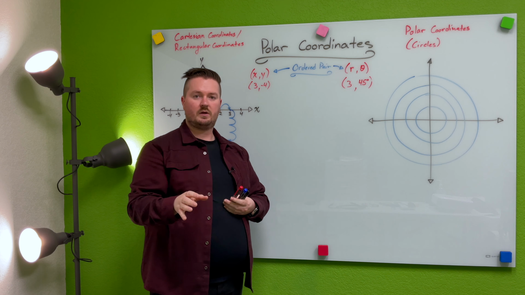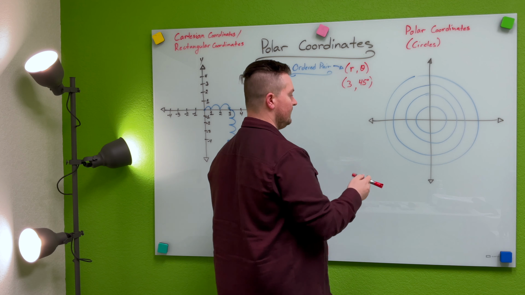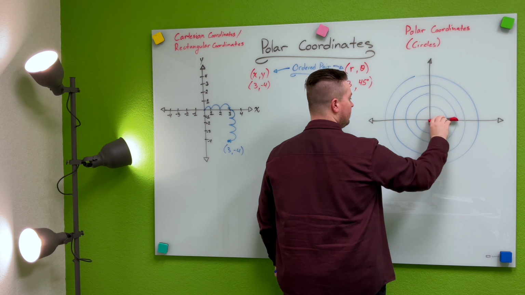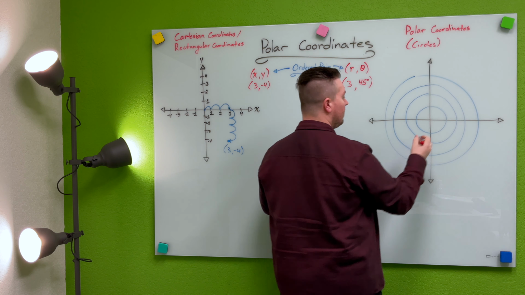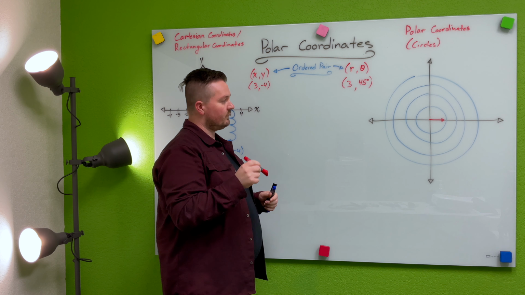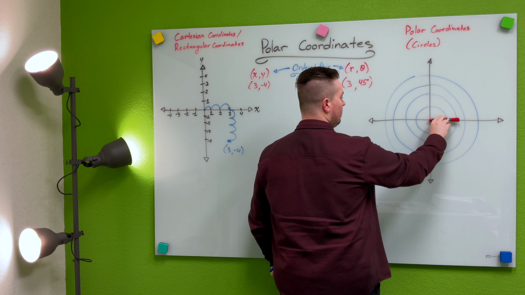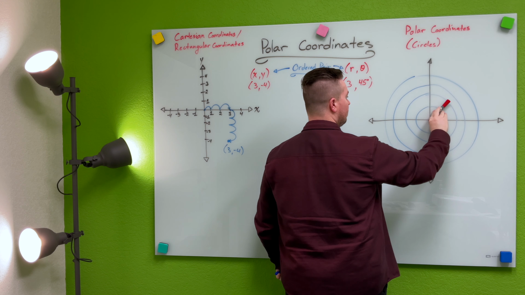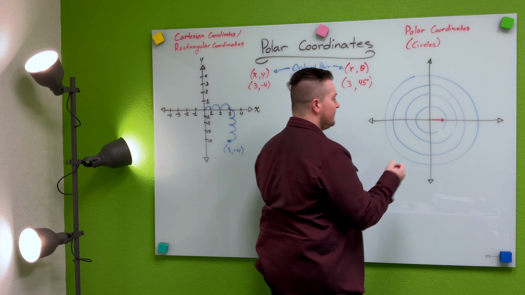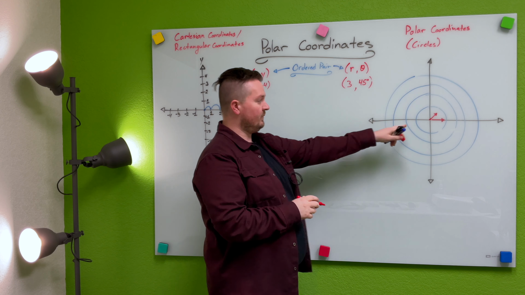Now, how this works, just like any other time you're looking at angles on a set of coordinate axes, we always start by facing the positive x direction. So you want to imagine that we're starting with an arrow facing in the positive x direction. From there, we are going to first turn to 45 degrees. So we're going to start here, and turn up to 45 degrees. Now facing in that 45 degree direction, we want to go out from the origin.